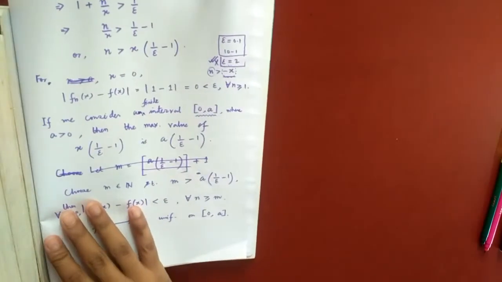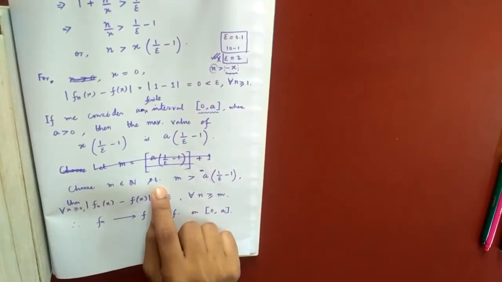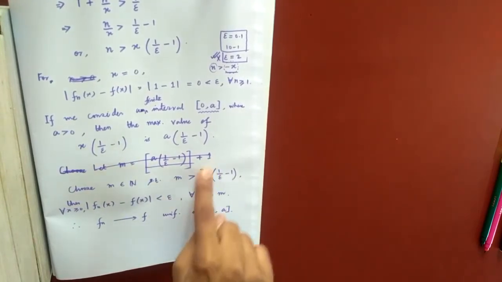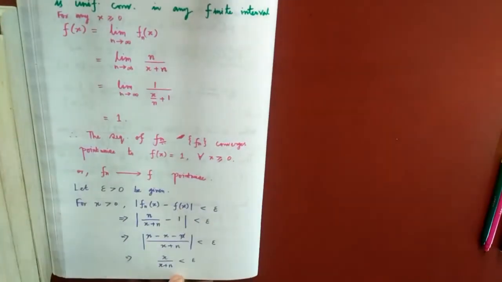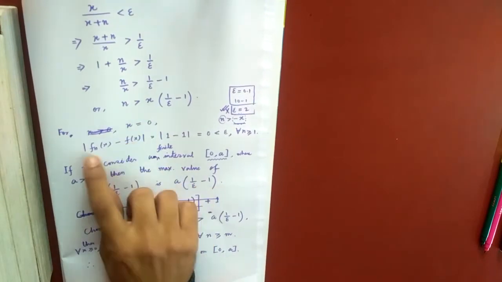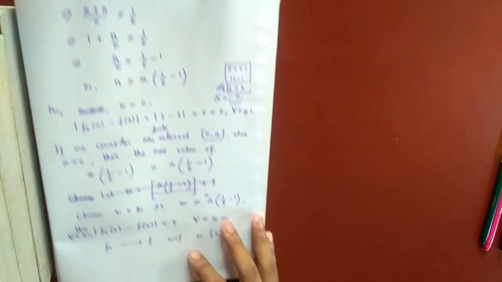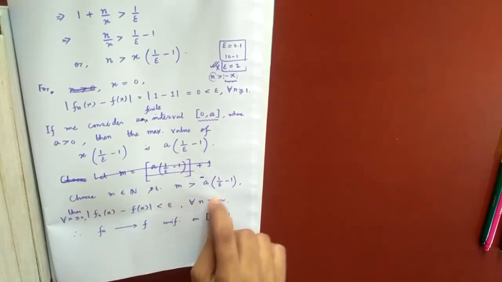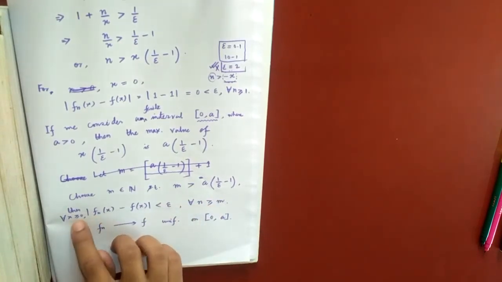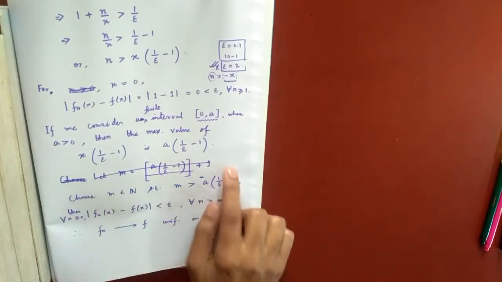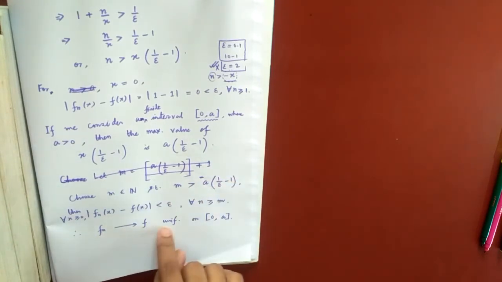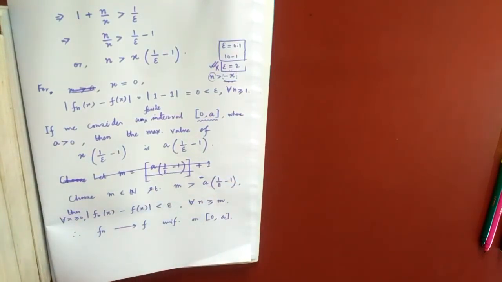So I am choosing a natural number such that it is just more than this quantity. So this relation, along with this one, for 0 also I have to consider. For 0 this is true for every natural number, so I can choose m also here. So that this relation holds for all n greater or equal to m, and you see this m does not depend upon the point that I am choosing. This m has no x in it. So we can say that this is uniformly convergent on this one. Got my point?